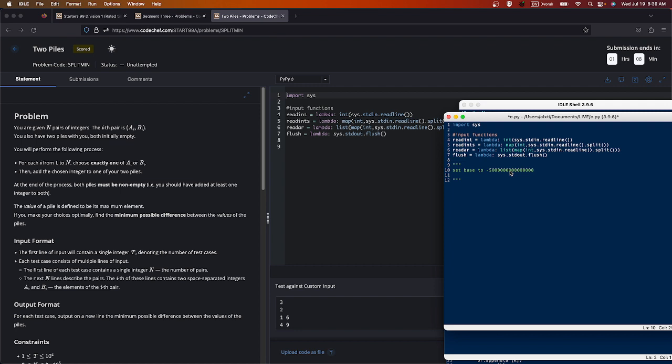If the value is large enough, it, okay, I have an initial idea that's probably going to TLE. What about if we sorted the pairs?